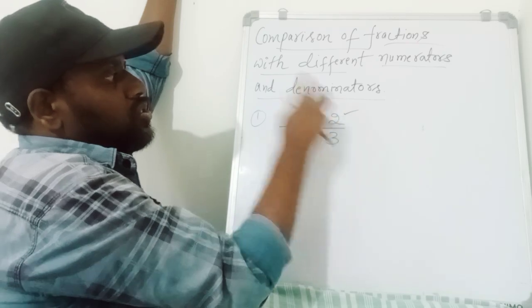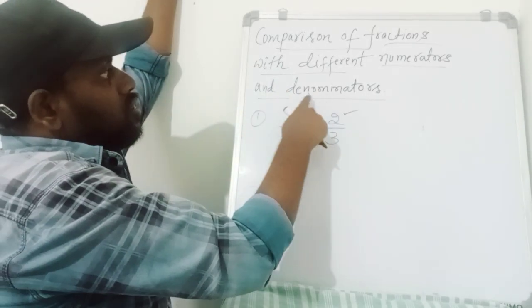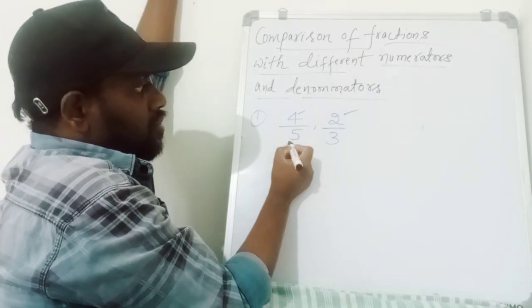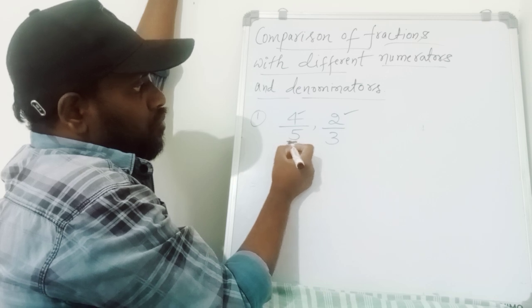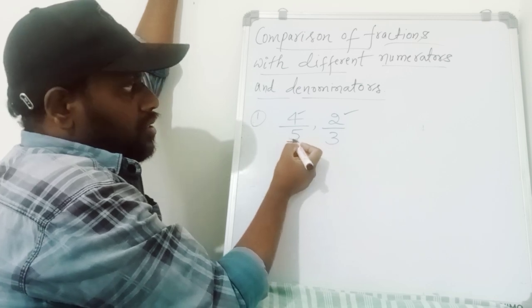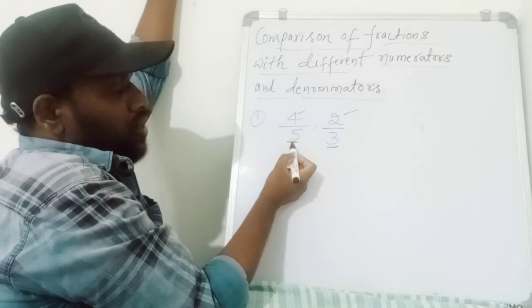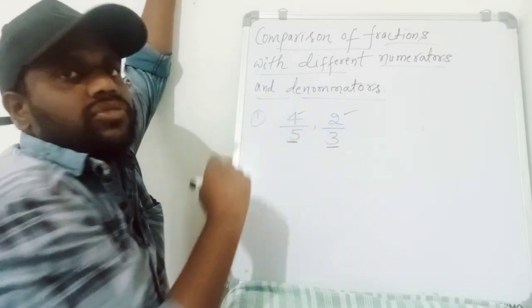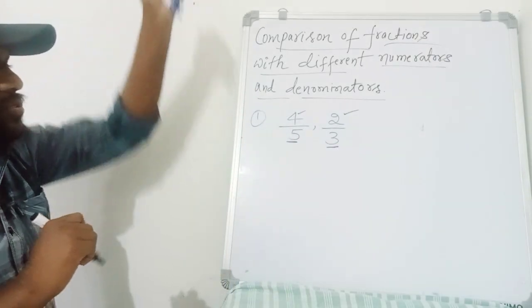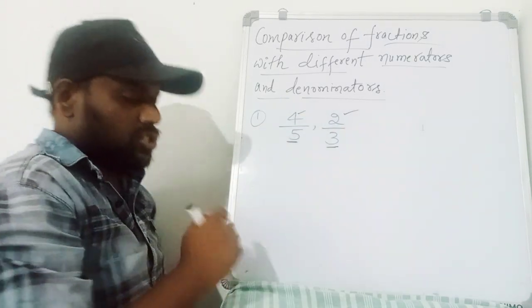Next, different denominators. Here the denominator is 5, and in this fraction the denominator is 3. So 5 is different, 3 is different. So we have to compare these fractions now.